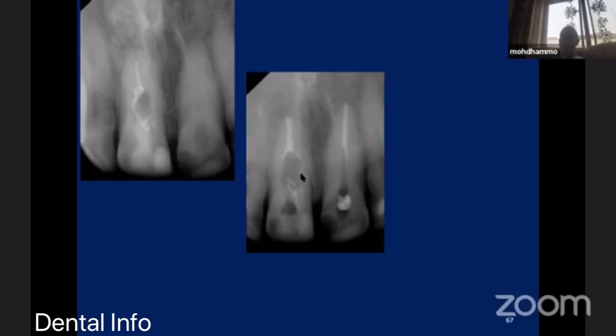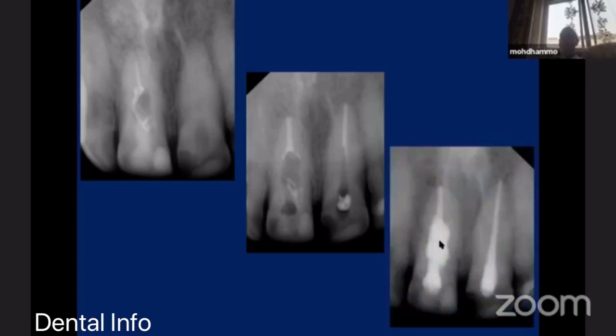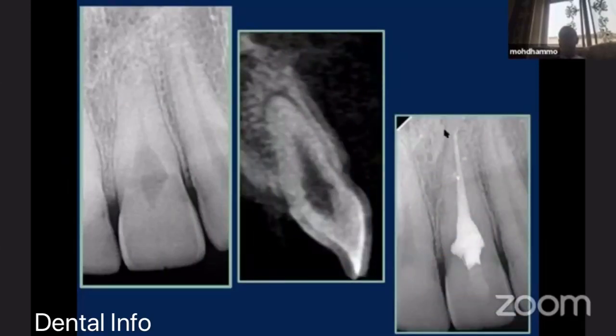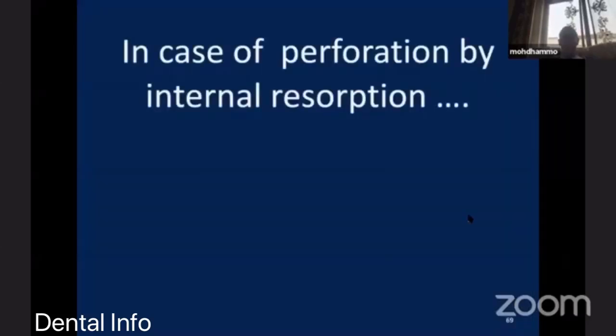And this part here, we will fill it with the Guttapercha gun. Of course, we have to use sealer and flowable Guttapercha with the Guttapercha gun. This part is filled with down pack and this part with the Guttapercha gun.